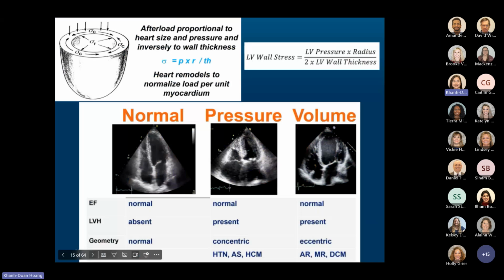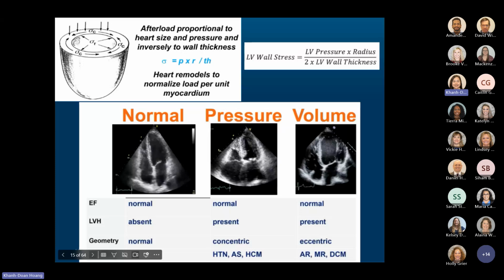When we talk about myocardial wall stress, stress is proportional to pressure and volume, which is essentially like heart size. And the heart compensates for wall stress by undergoing remodeling. It essentially increases its wall thickness and muscle mass in order to normalize the load that it's experiencing and to maintain its pump function as much as it can.